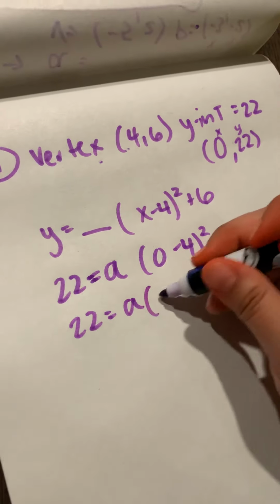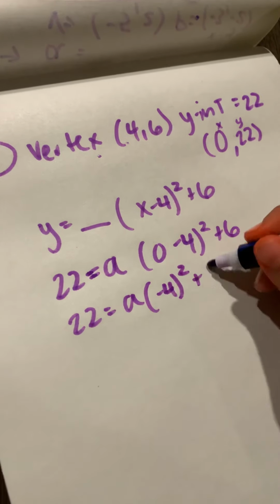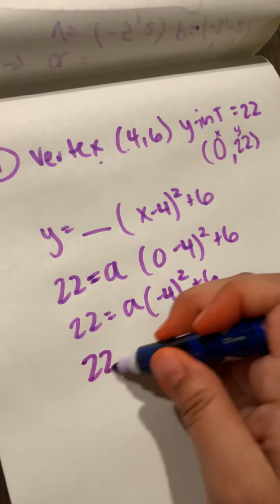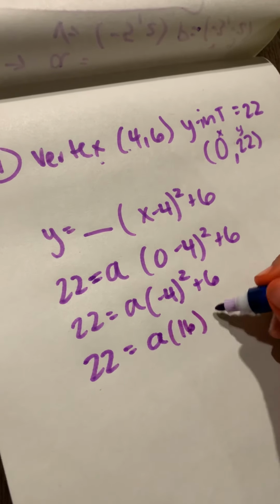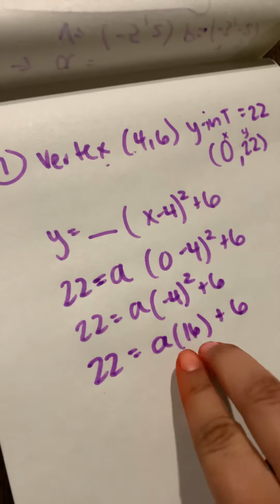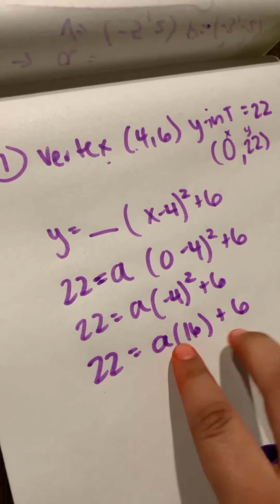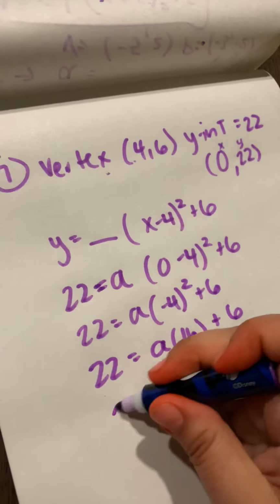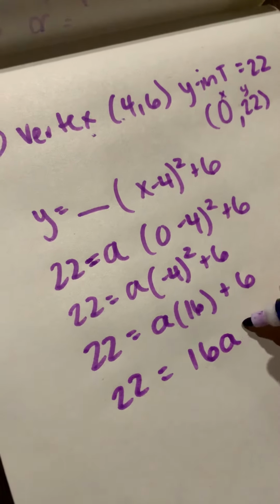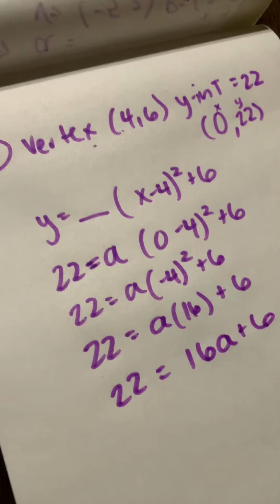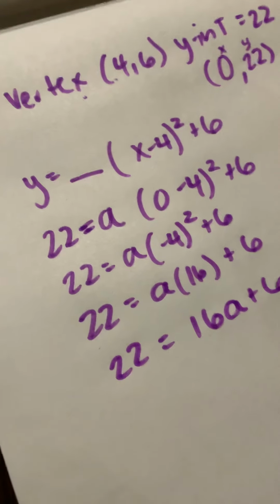So 0 minus 4, that's -4. -4 squared, that's 16. And remember that these are together. So this is a times 16, which is 16a. Remember to rewrite it. You always want the number first and then the variable.